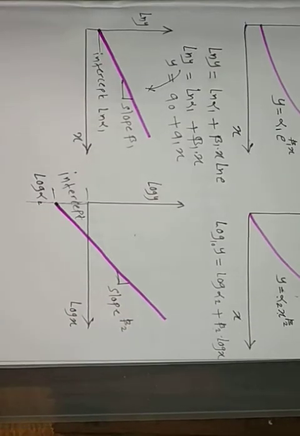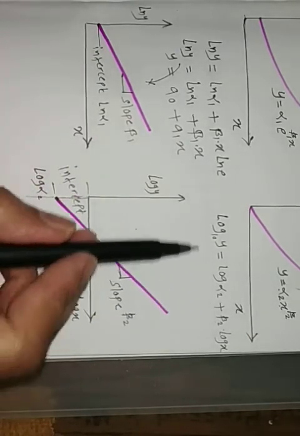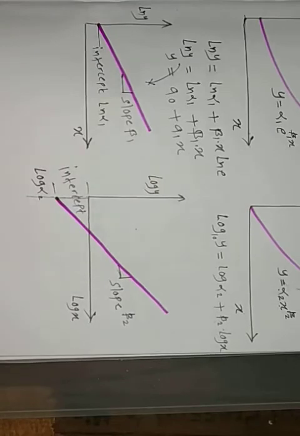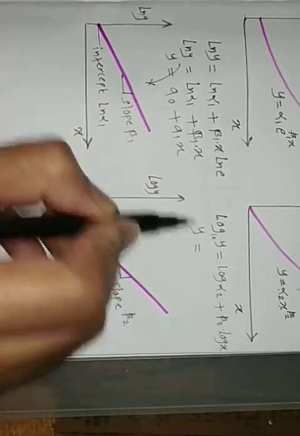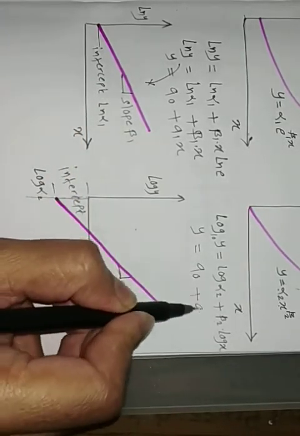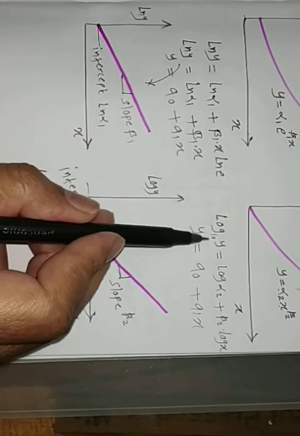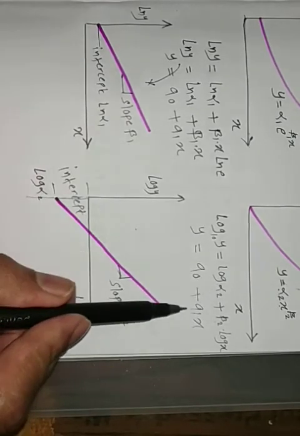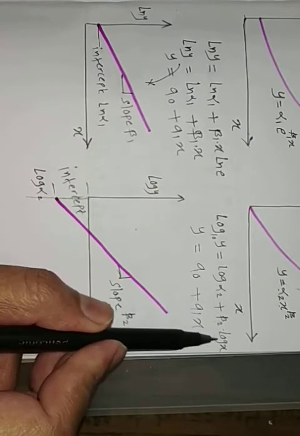Okay, again this equation is equation for the straight line where log of y varying with respect to log of x linearly. So again, if we compare this equation with our equation y is equal to a0 plus a1 x, so here y is log to the base 10 of y, a0, that is intercept, is log alpha 2, and a1 is beta 2, x is log of x.